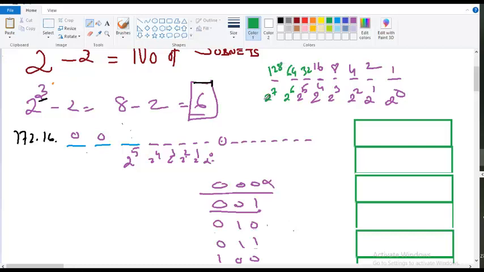So total 8 bits. Because we begin with 0, it's 2 to the power of 7, not 2 to the power of 8. 2 to the power of 7 is the 8th bit. Now this is what is called face values.